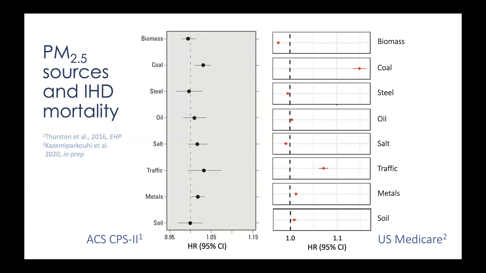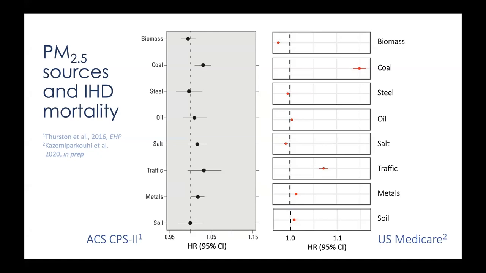And so as we compare the associations from the US Medicare beneficiaries, which represent now a much larger population of about 53 million people as compared to 450,000 people, we see a slightly different pattern in the associations between the sources and IHD mortality.